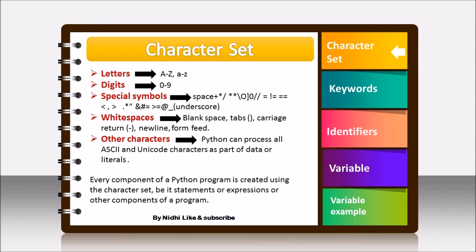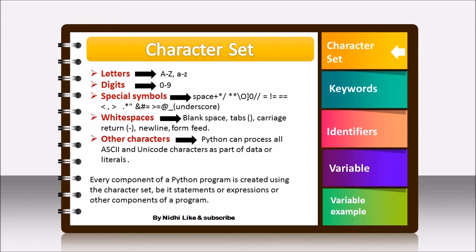Special symbols include space, plus, asterisk, slash, forward or backward slash, double asterisk, equal to, exclamation mark, double equals, greater than, less than, period or dot, double quotes, and percent sign. These are the special symbols allowed in the Python character set.